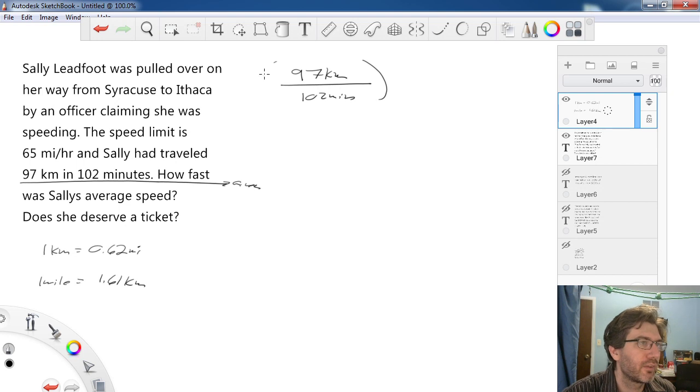So it's going to look like that. We haven't really seen something like this yet, I don't think. But again, it is a speed. So your speed is written as kilometers per minute here. So you know kilometers will be on top, minutes will be on the bottom. 97 goes with kilometers, 102 goes with minutes. This is what is given. This is your given information.